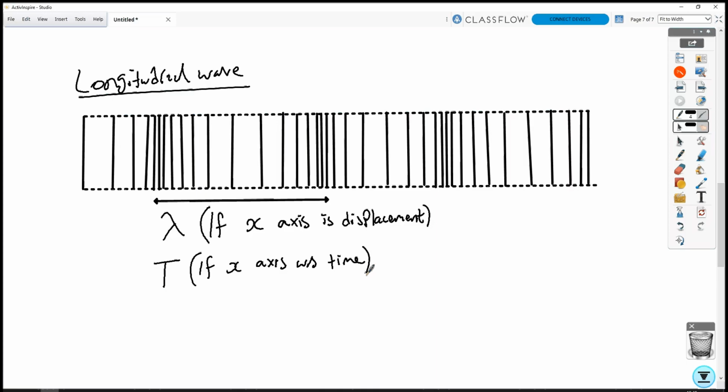The center of one compression all the way to the center of the next compression. You could also do the center of a rarefaction to the center of another rarefaction, or any point along the graph which repeats again. But when we're choosing points, we choose the easiest points to reference. And compressions tend to be one of the easiest points to reference.